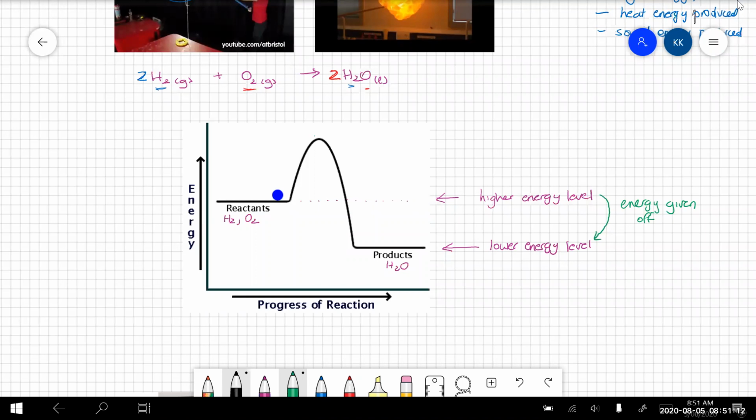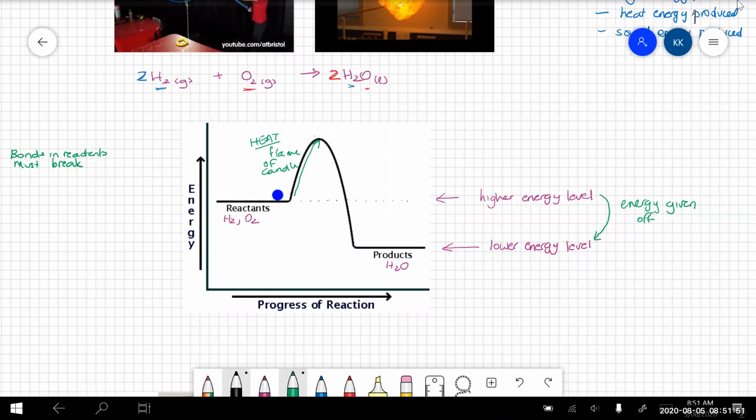But what about this part? For a chemical reaction to occur, the bonds in the reactants must break. And to get that started, you need to put a little bit of energy in. So here we're using the flame of the candle, or the taper if you use a taper. And that gives us some heat energy.